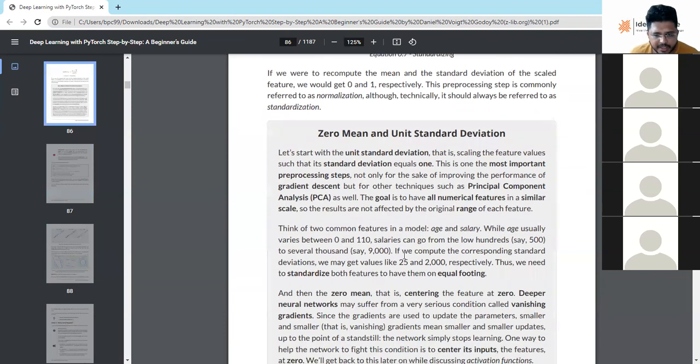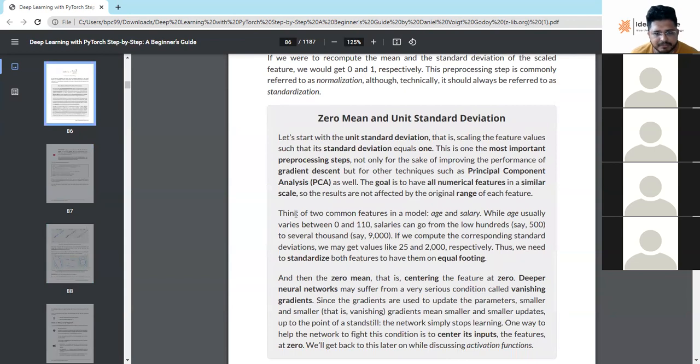Okay, here is one example given. Think of two common features in a model: age and salary. While age usually varies between 0 to 110, meaning a person can be minimum 0 age and a maximum 110 age, salaries can go from the low hundreds, say 500, to several thousand, 9,000.